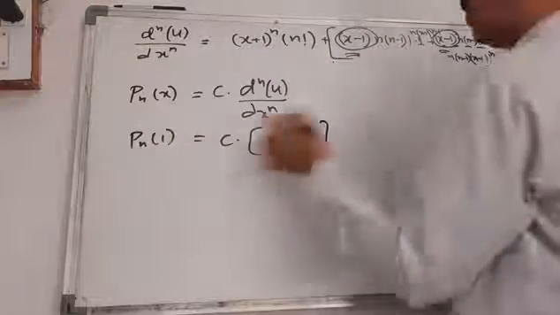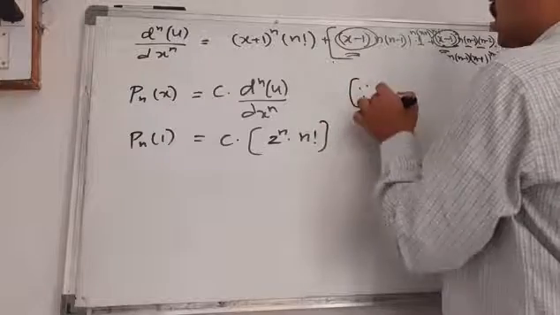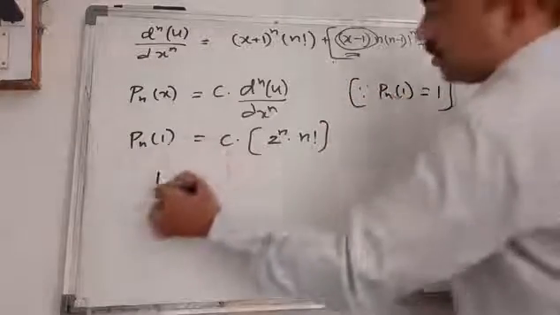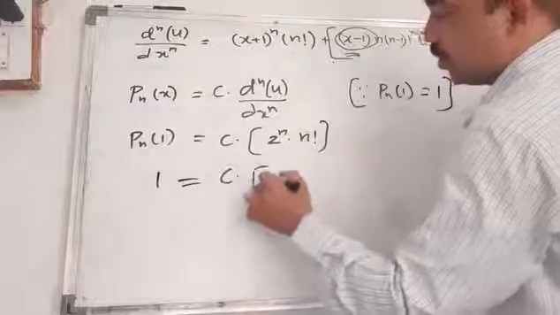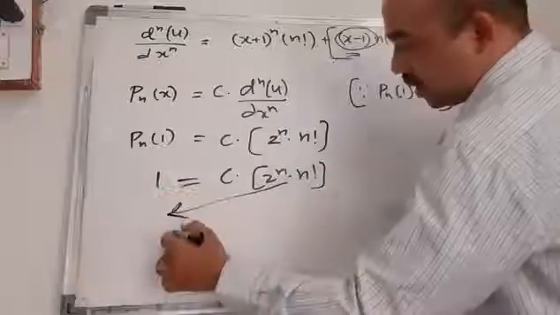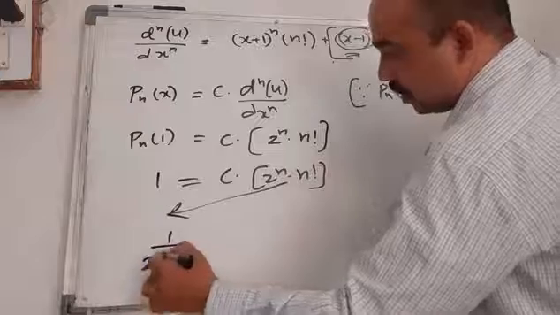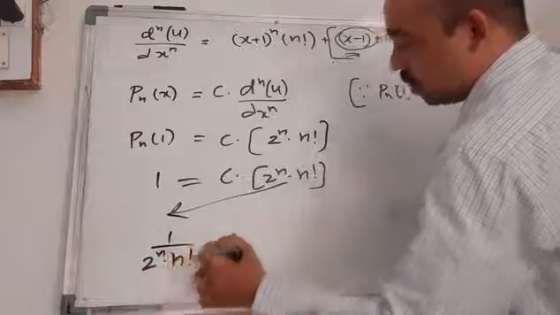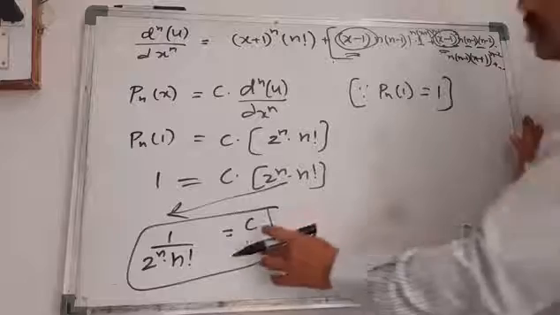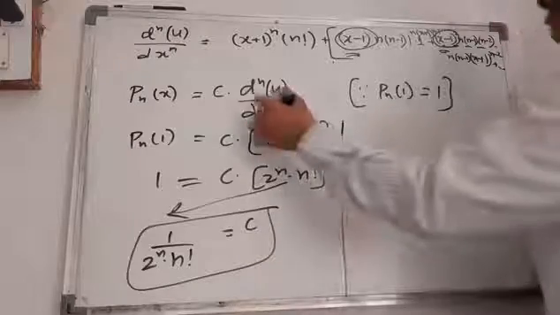So Pn of 1 is already, we said that this is 1. Pn of 1 is equal to 1. So substitute here, what you will get, 1 into c into 2 power n into n factorial. Cross multiply this one to that side. What you will get, 1 by 2 power n into n factorial is equal to c. We got c value. Now substitute this c value in our given equation.